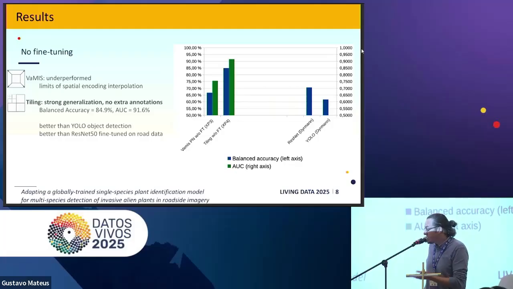We reach a balanced accuracy, which means an average among the taxa, of 85%, so we can detect 85% of the invasive species. It's also interesting to see that with dedicated approaches such as YOLO, which is a classic way to detect objects, we have lower performances, and the same with classical convolutional neural networks.